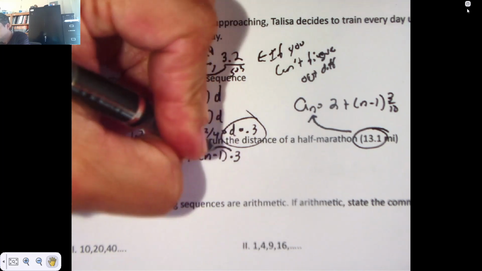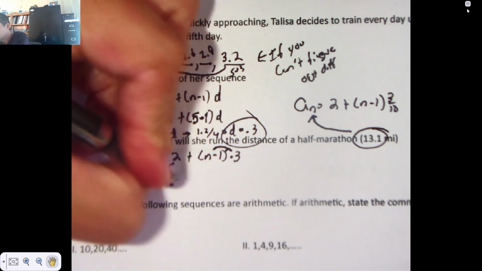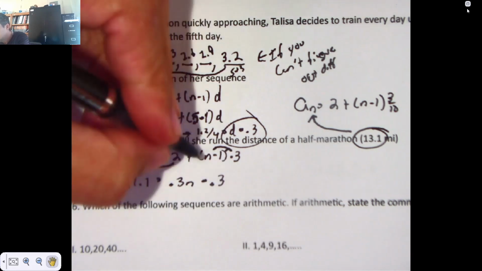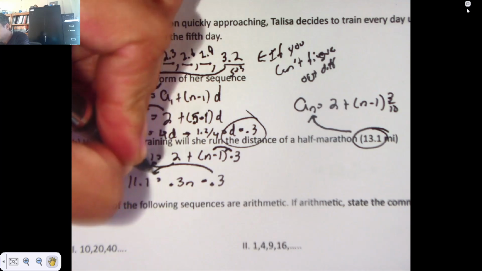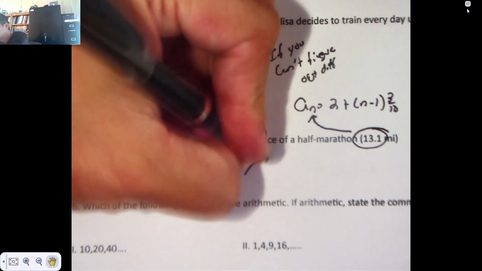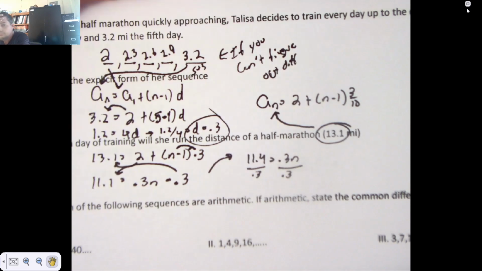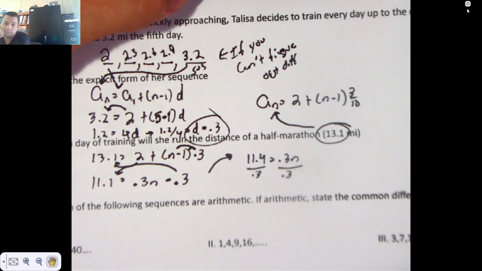You can distribute 0.3n minus 0.3. You can move that on over and change it to addition. 11.4 equals 0.3n. And then you can divide out the 0.3. Looks like 38 to me.